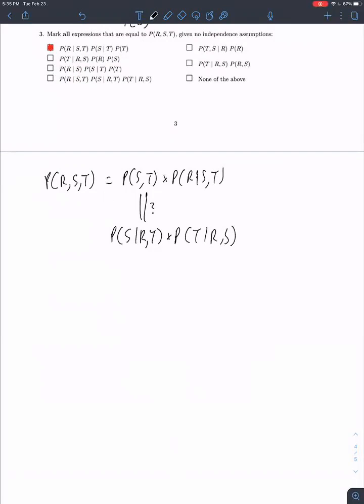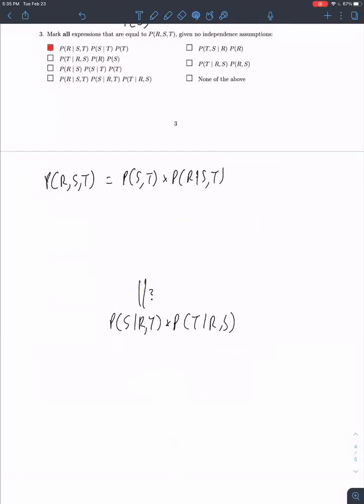Well, we know that probability of S and T is equal to probability of S times probability of T given S.